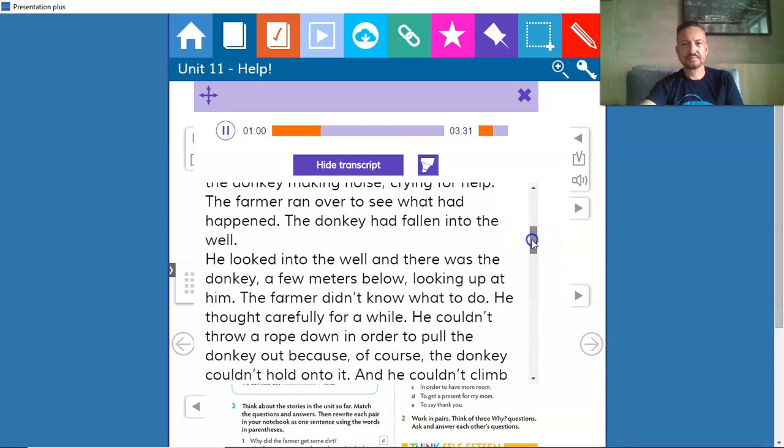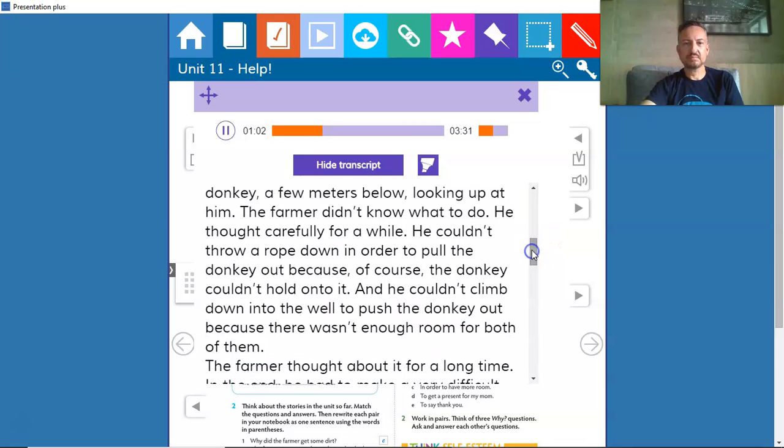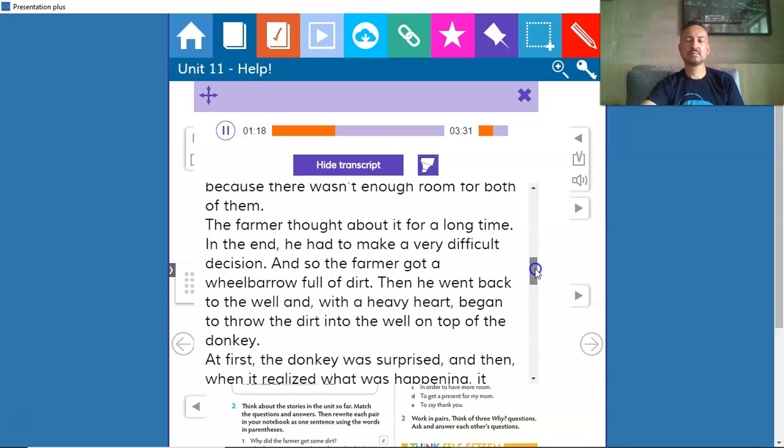He thought carefully for a while. He couldn't throw a rope down in order to pull the donkey out, because, of course, the donkey couldn't hold on to it. And he couldn't climb down into the well to push the donkey out, because there wasn't enough room for both of them. The farmer thought about it for a long time. In the end, he had to make a very difficult decision.